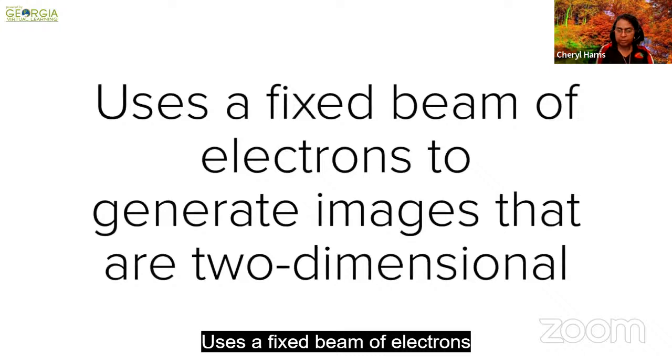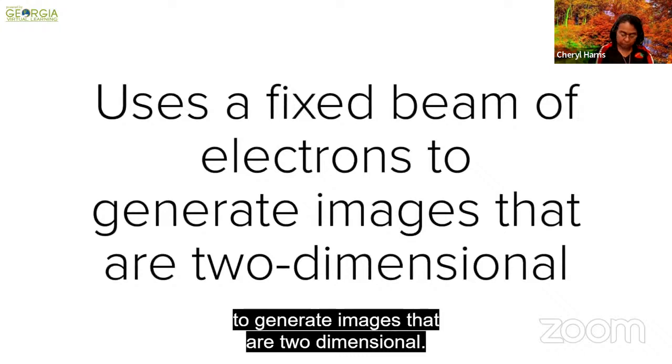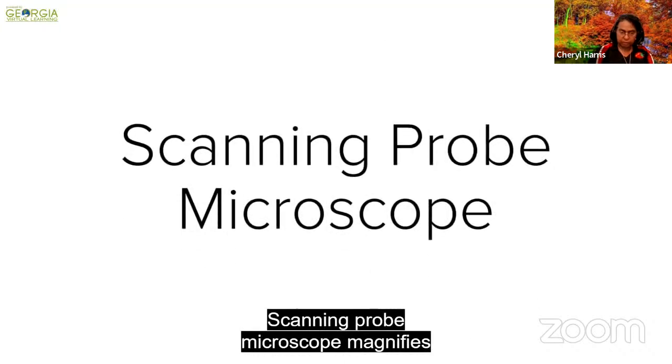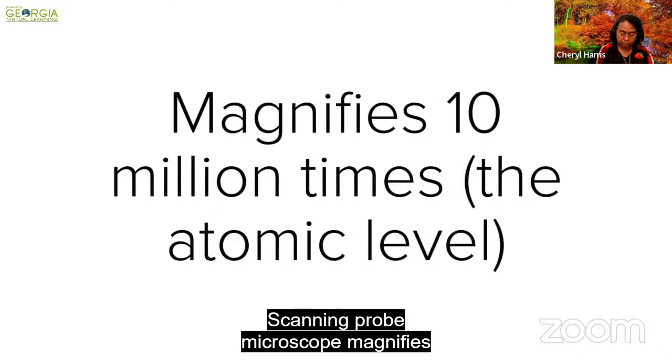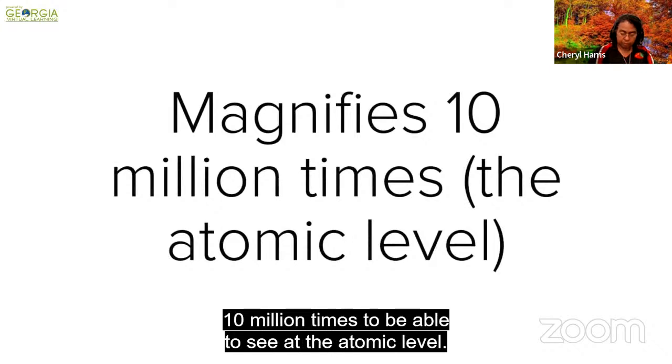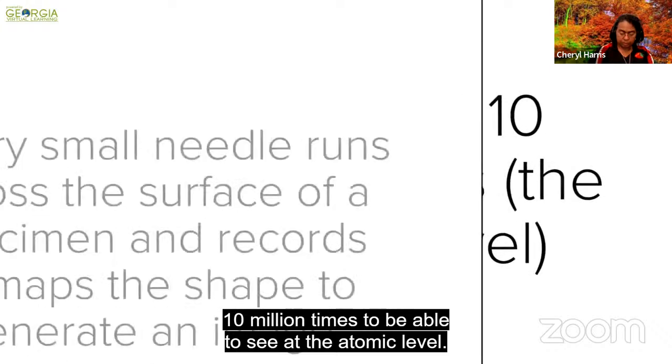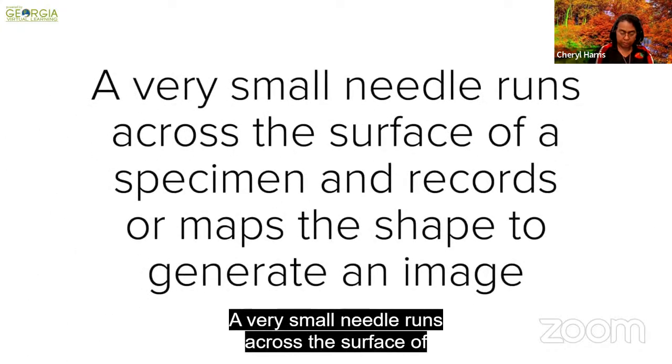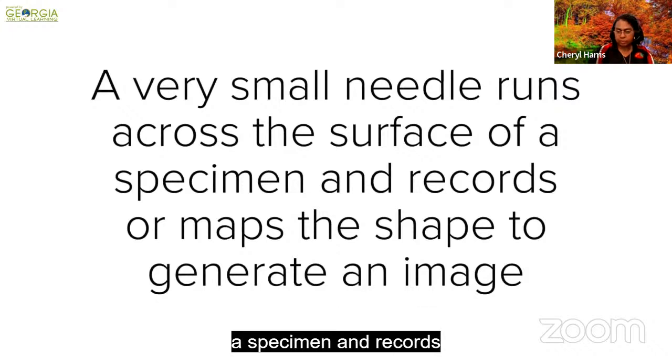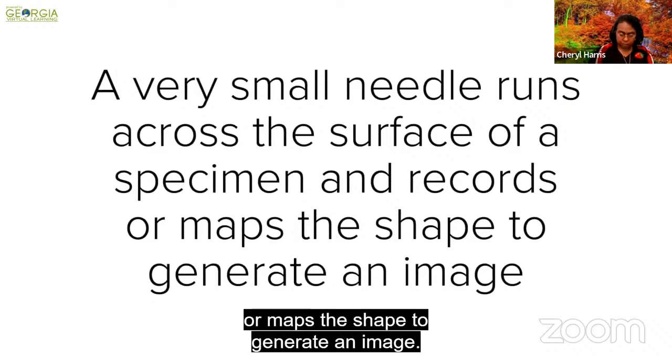Uses a fixed beam of electrons to generate images that are two-dimensional. Scanning probe microscope magnifies 10 million times to be able to see at the atomic level. A very small needle runs across the surface of a specimen and records or maps the shape to generate an image.